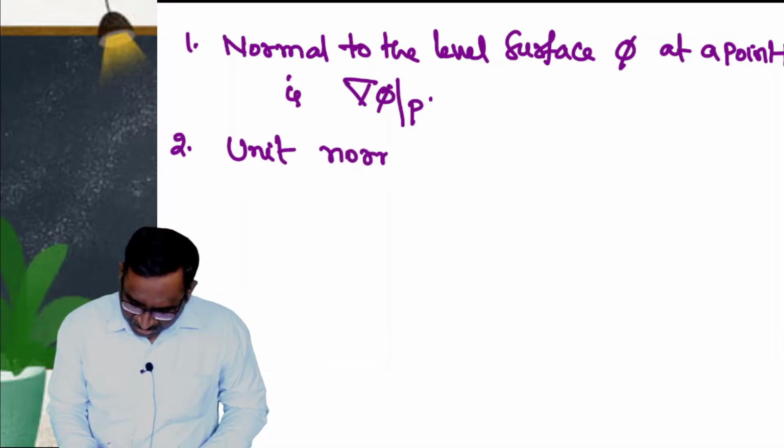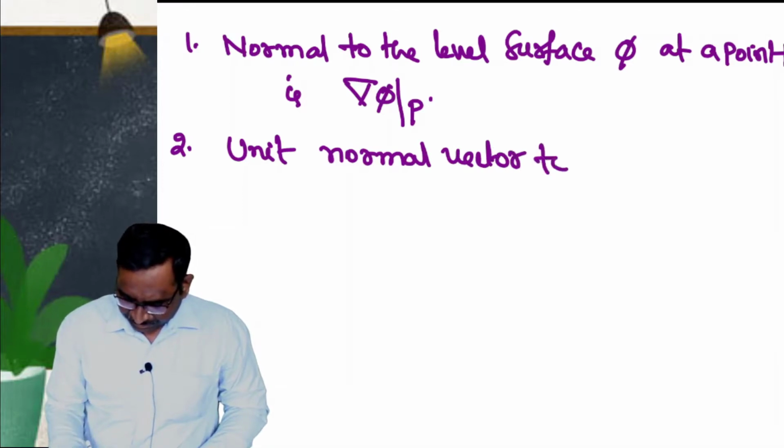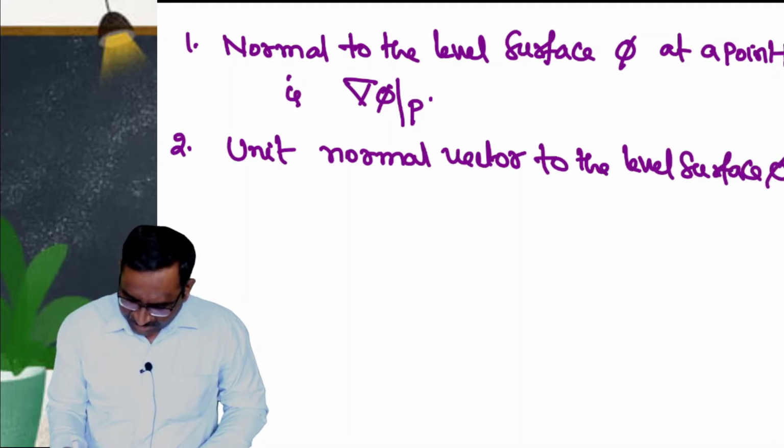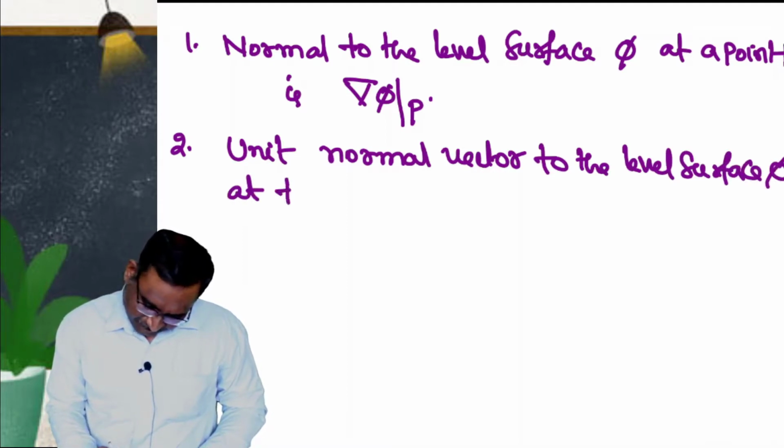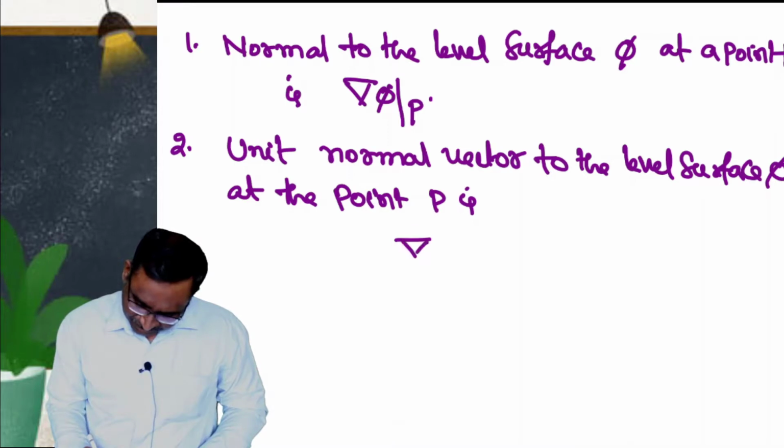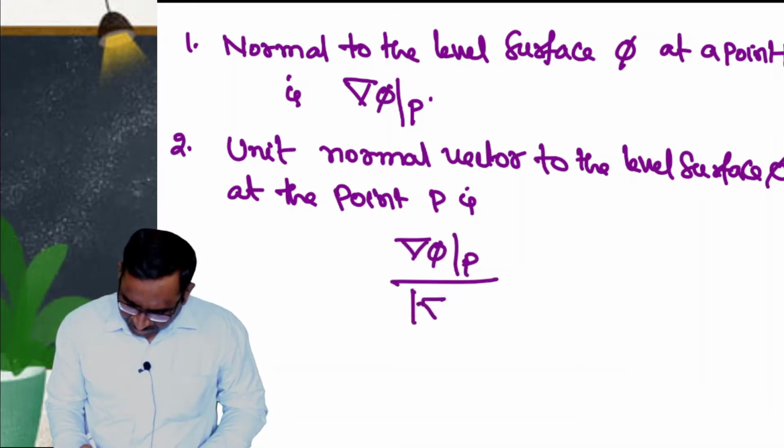What is the unit normal vector to the level surface phi at the point P? It is del phi at P by modulus of del phi at P.